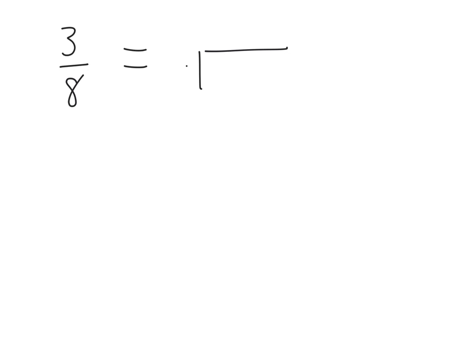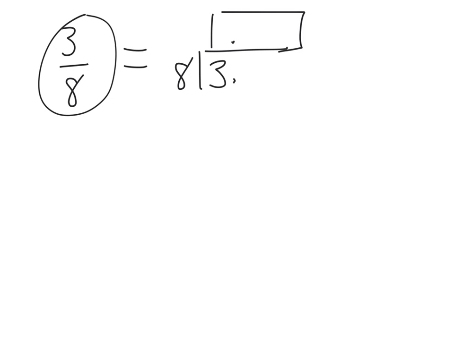We have 8 into 3. Can't do that. We're going to have a decimal. And the answer up here is then going to be what your decimal is. So you can turn any fraction and get the decimal equivalent.